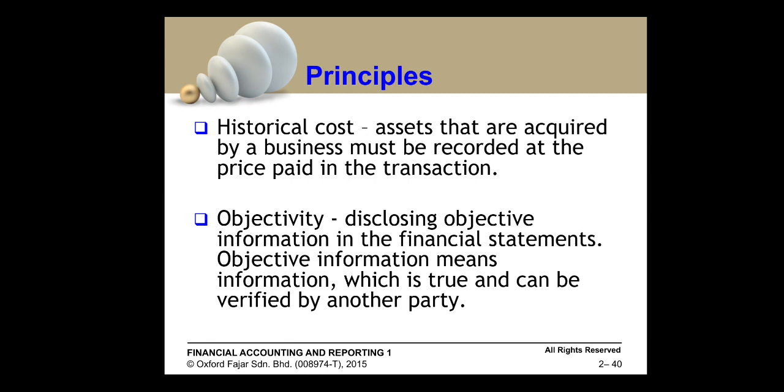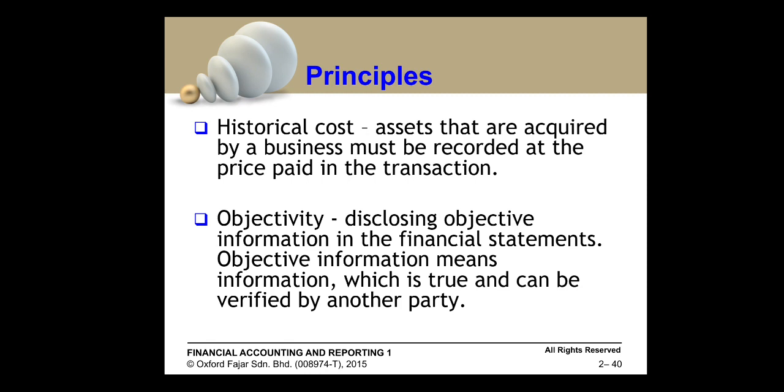Okay, and the next principle is objectivity. Objectivity means in accounting, you have to disclose objective information in the financial statement. Objective information means information which is true and can be verified by another party.